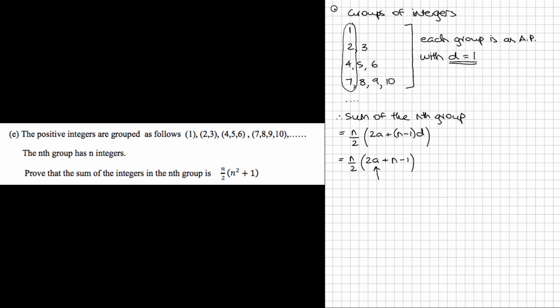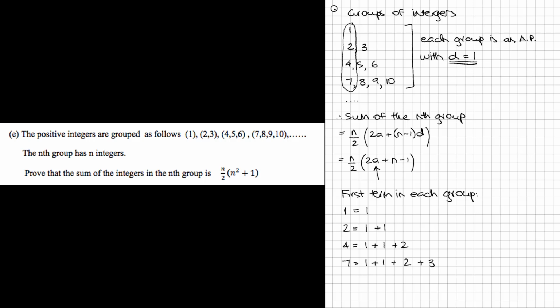If I hone in on the first term in each group, what I've just circled, if I flesh that out, we've got 1, which is equal to 1. Then we've got 2, which is equal to 1 plus 1. Then 4, which is equal to 1 plus 1 plus 2. And then 7, which is equal to 1 plus 1 plus 2 plus 3.